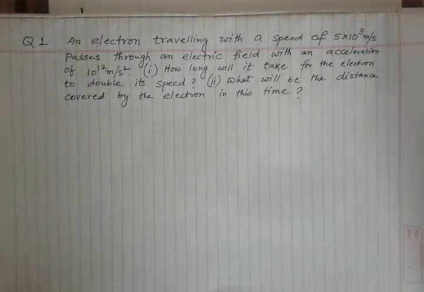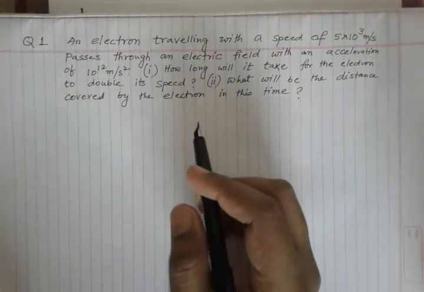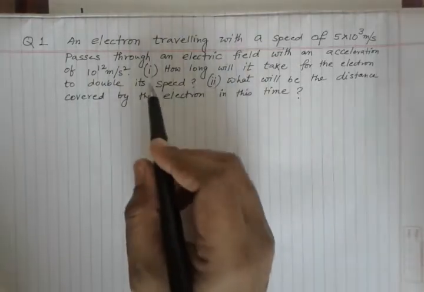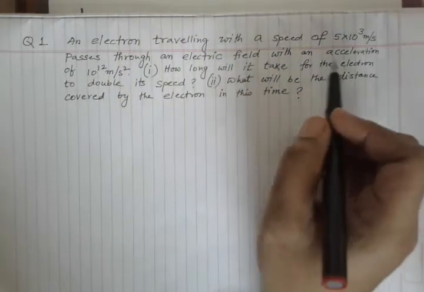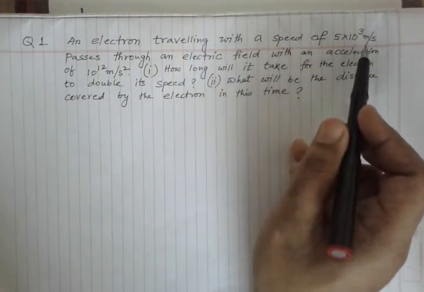First you have to write down what information is given here. So u is given, that is the initial velocity: the electron is traveling with a speed of 5 into 10 to the power 3 meter per second.